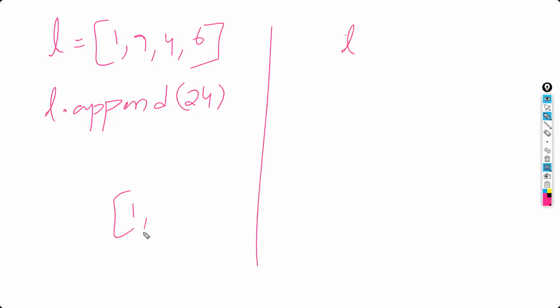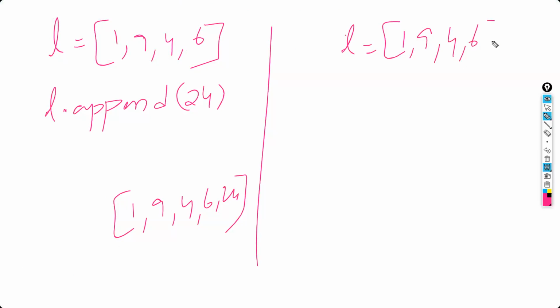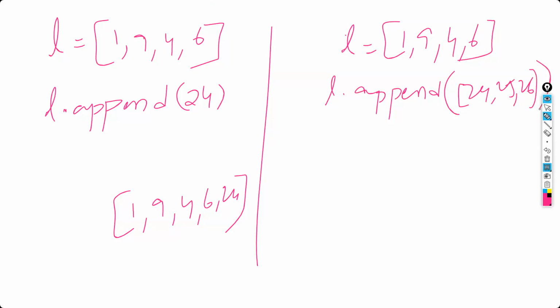And the output you are going to get is 1946, 24. Now same L is equal to 1946. L dot append of list of 24, 25, 26. Now what is the L value? Now the L value is going to be 1946 with a list of 24, 25, 26 inside it.